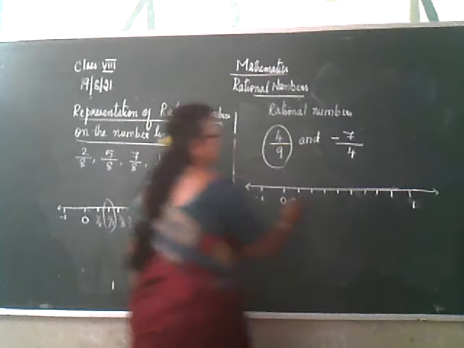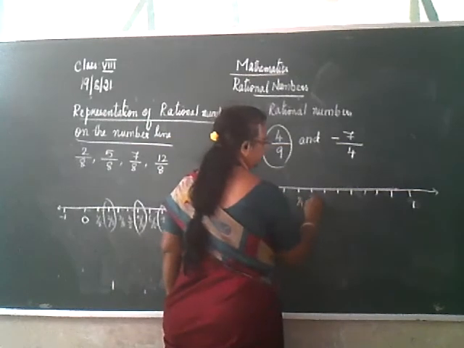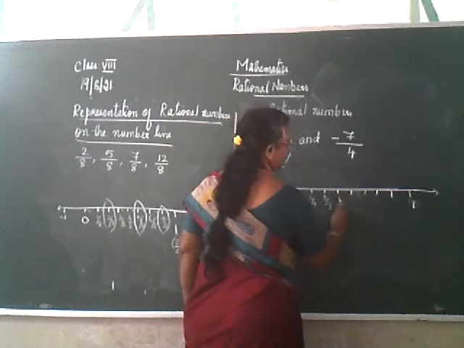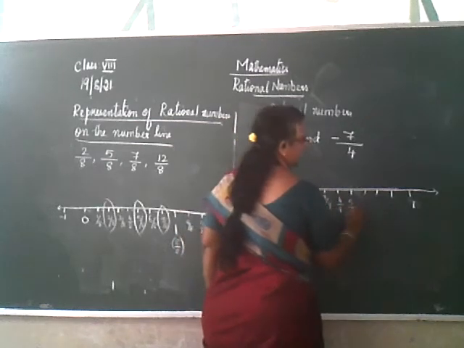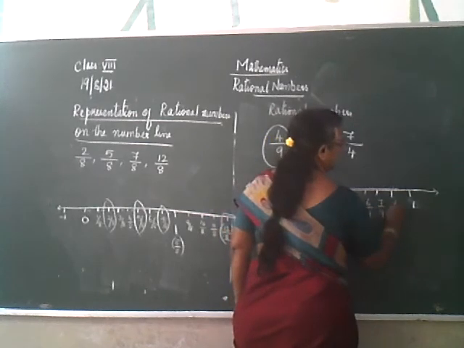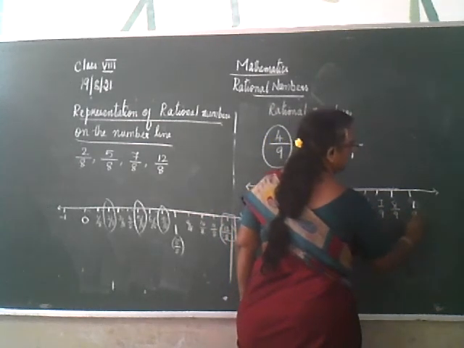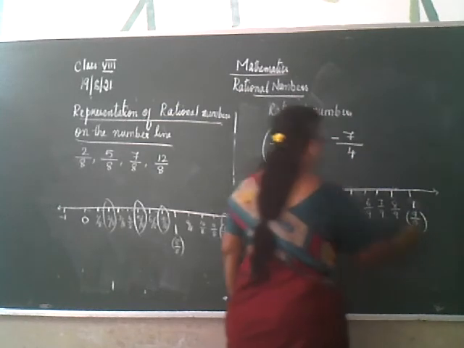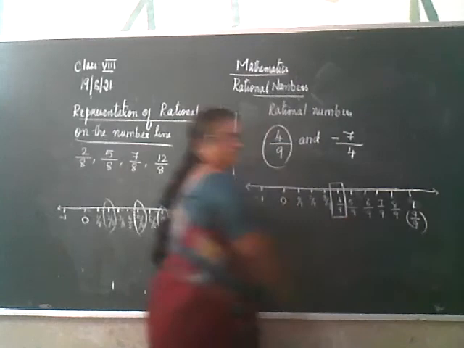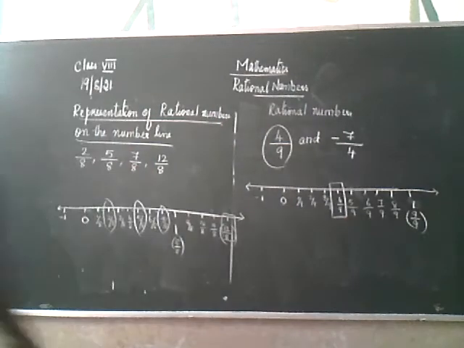So you can write 1 by 9, 2 by 9, 3 by 9, 4 by 9, 5 by 9, 6 by 9, 7 by 9, 8 by 9, 9 by 9 is 1. So I want 4 by 9. Okay. Similarly, I have to represent minus 7 by 4.